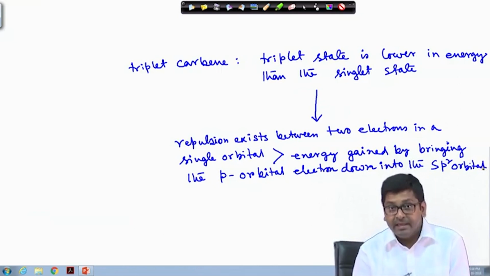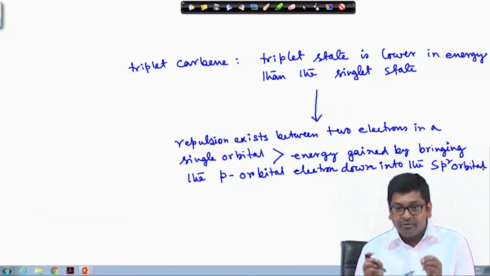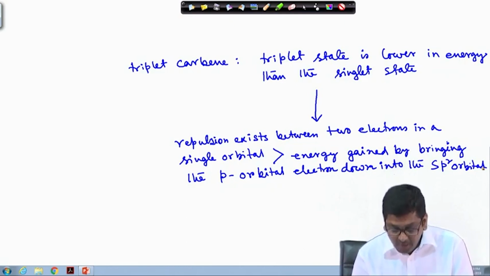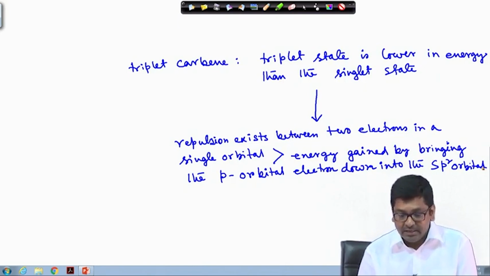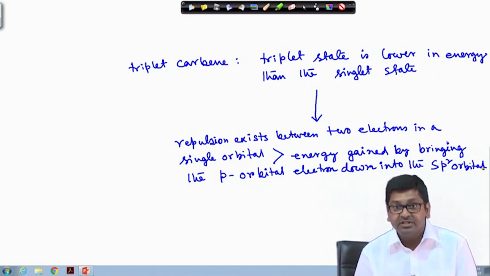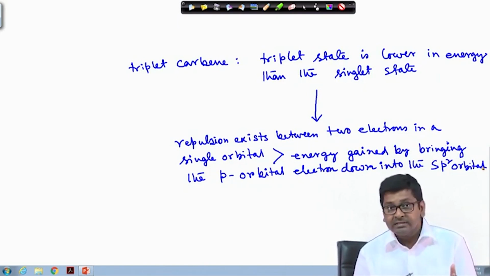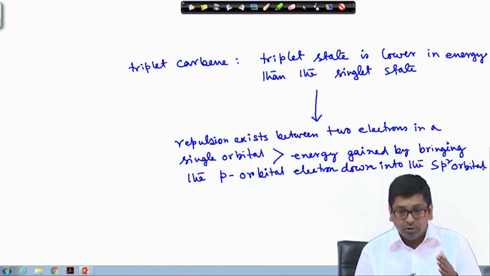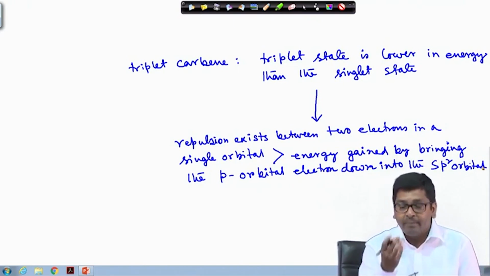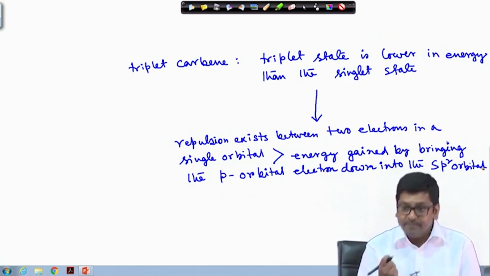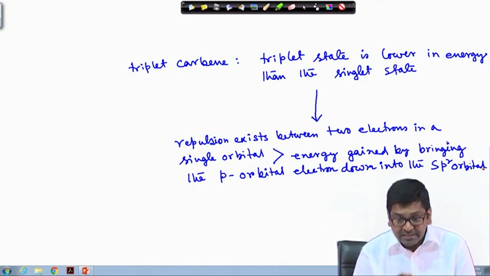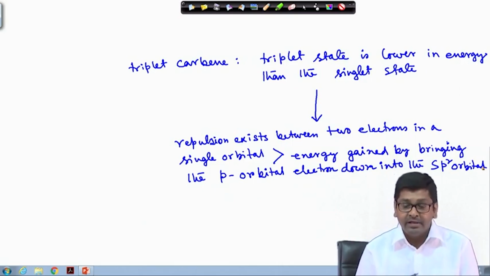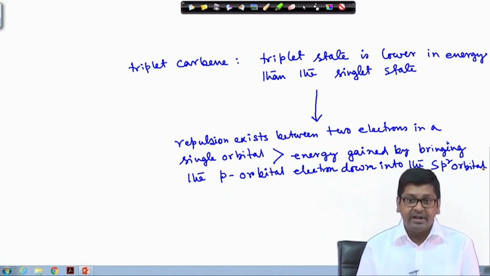If we make it very simple, when two electrons are in a particular orbital, for example sp2 orbital, they will have some repulsion, and that will have some repulsive energy. Now, if we bring that electron down from the p orbital to the sp2 orbital, it will gain some energy. Depending upon which one is higher and which is lower, these carbenes will determine whether they will be in a triplet or singlet state.